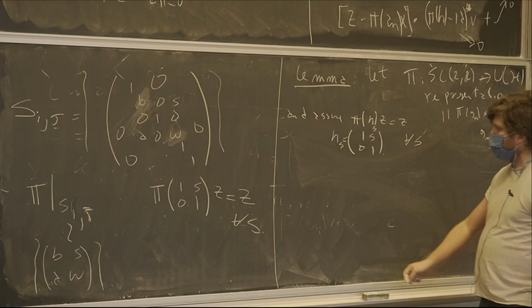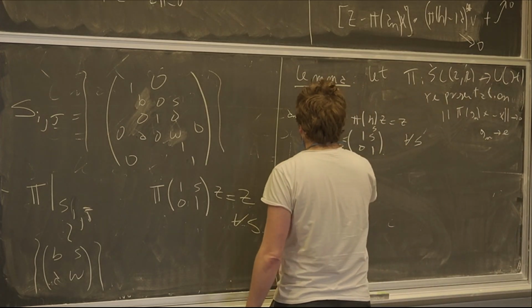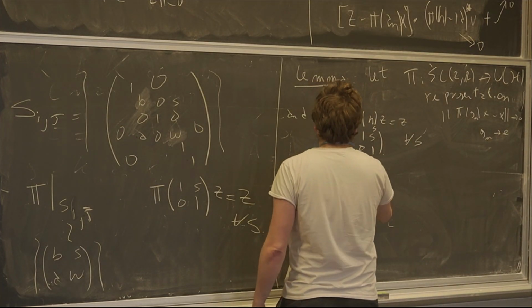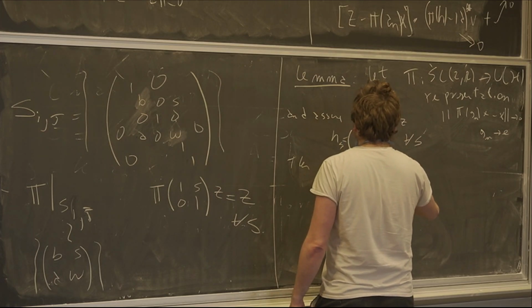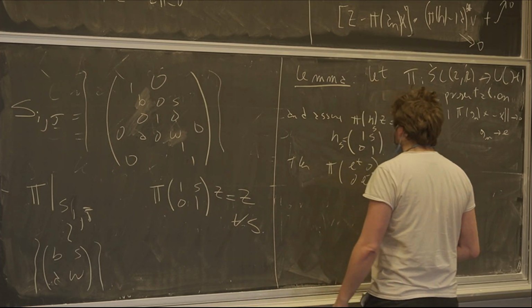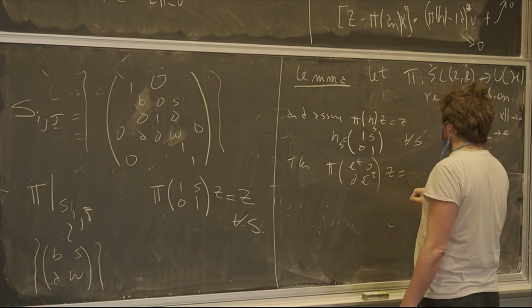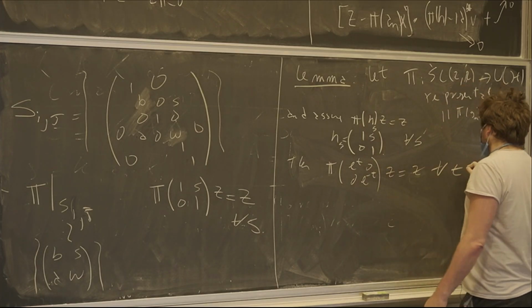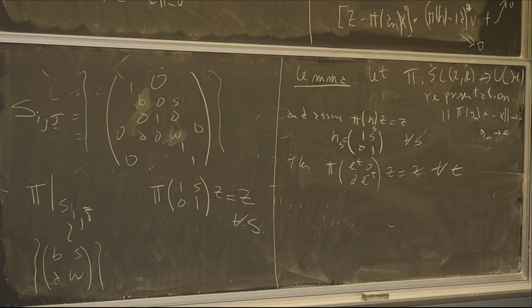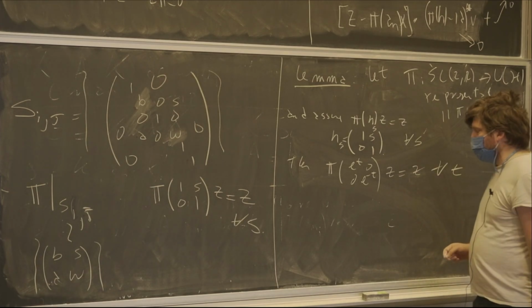Then pi of g z equals z for everything. I could directly state invariance by the whole SL2R, but that's how the proof goes. So you do it in 2 steps.